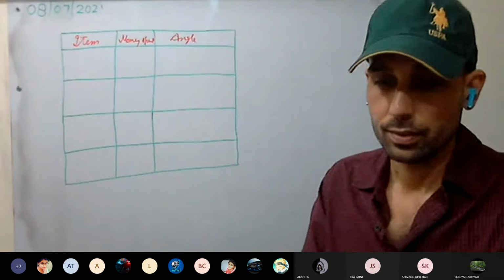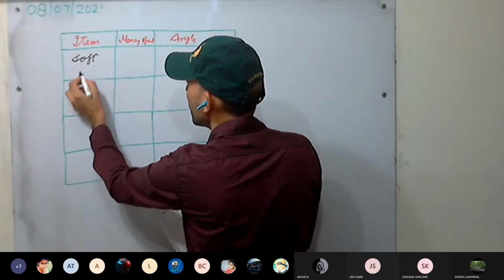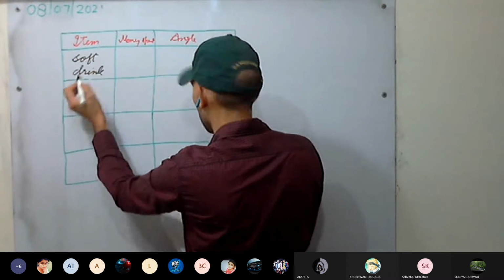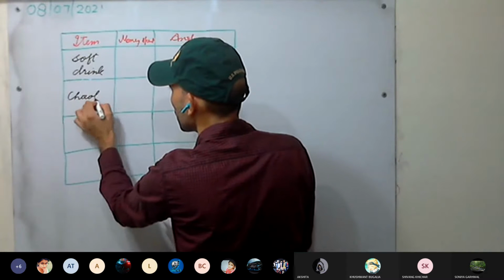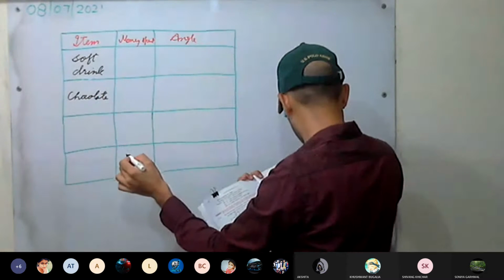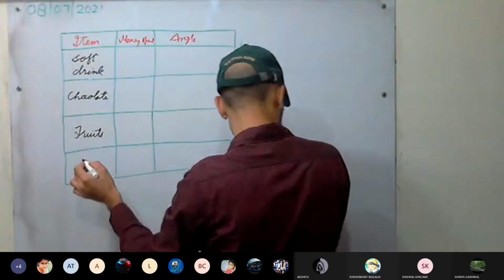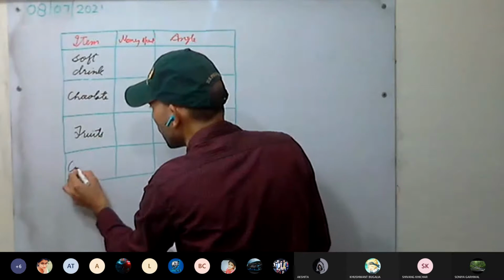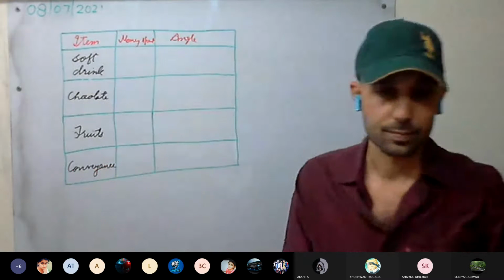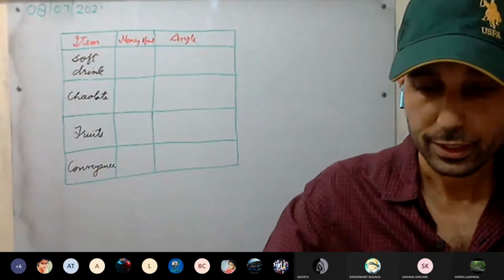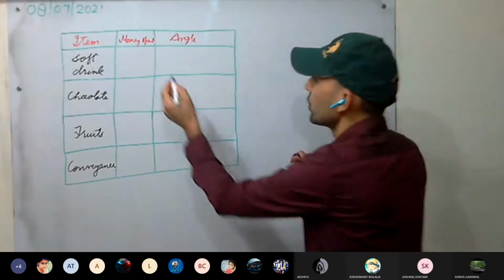Items are soft drink, chocolate, fruits, conveyance. So money spent is 20, 24, 16, 12.